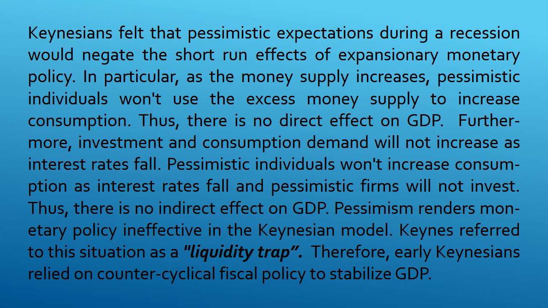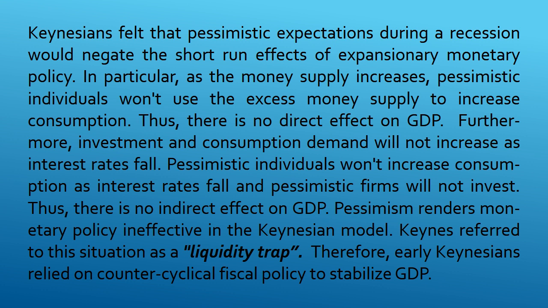In particular, as the money supply increases, pessimistic individuals won't use the excess money supply to increase consumption. Thus, there is no direct effect on GDP. Furthermore, investment and consumption demand will not increase as interest rates fall.